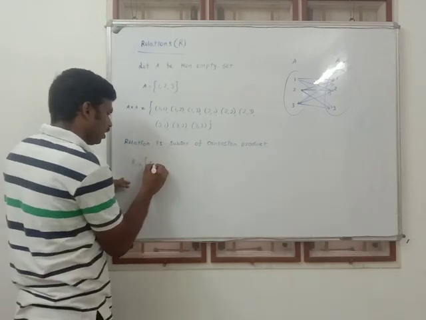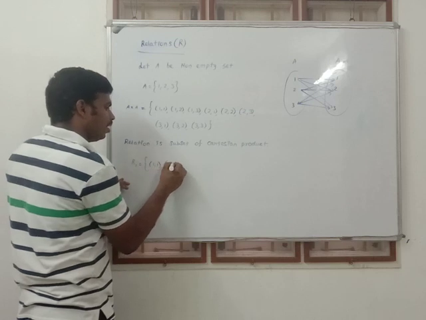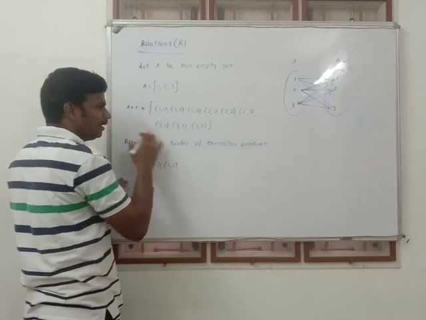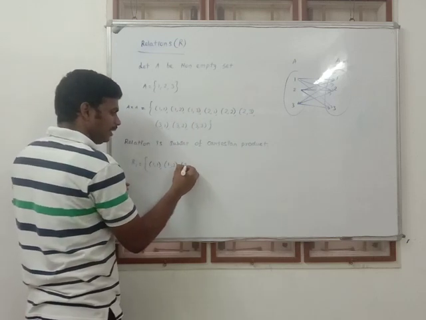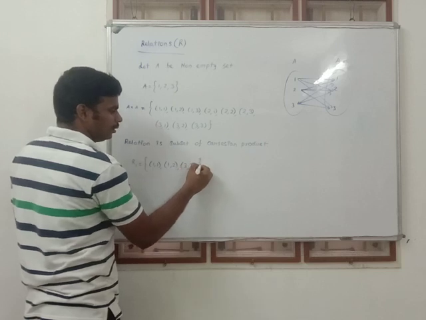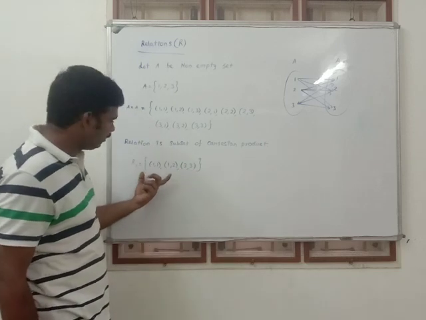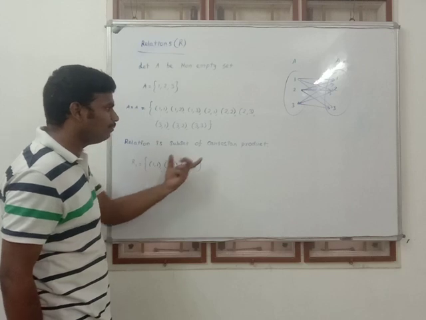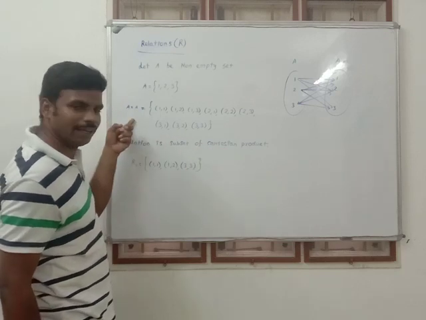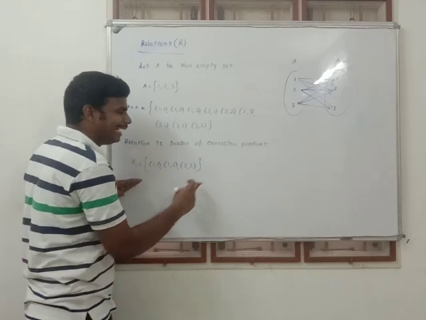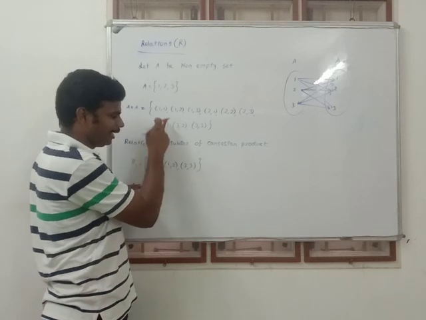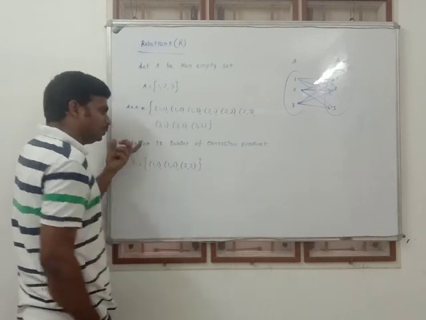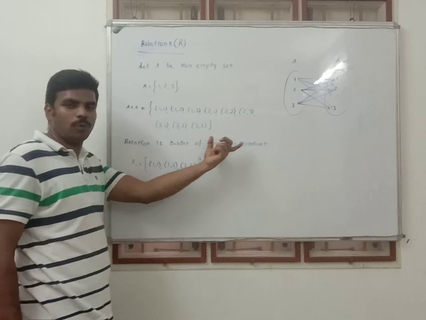First I will take (1,1), (1,2), and we can take any elements from the Cartesian product, (3,3). So this is also called a relation. This is a subset of the Cartesian product A cross A. Subset means all elements are taken from A cross A only. So relation is a subset of Cartesian product.